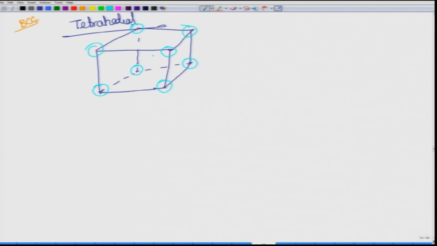And then there is one in the center. Now, let us join this, and like I said, there will be one on the top. So, somewhere over here, not able to show it as properly, and because of this the tetrahedral void would lie over here, over here.